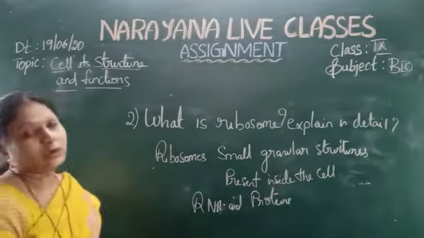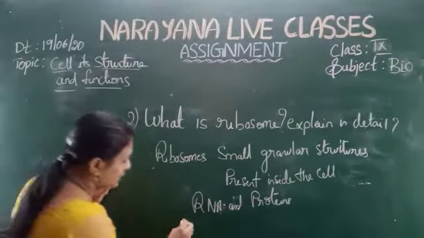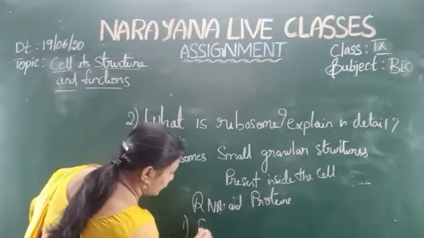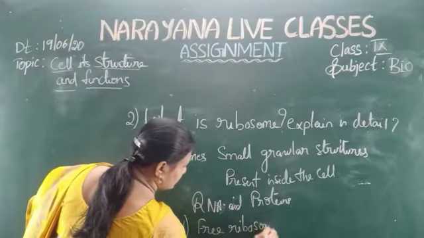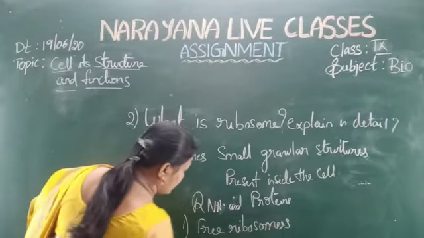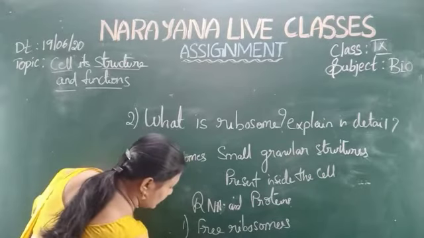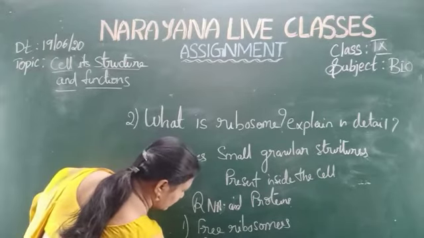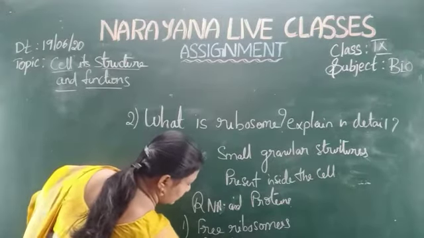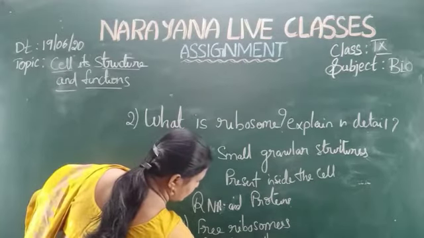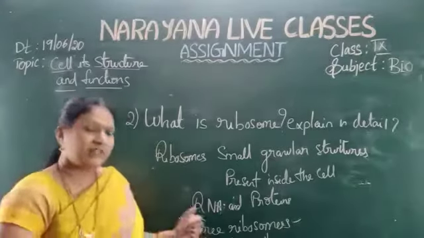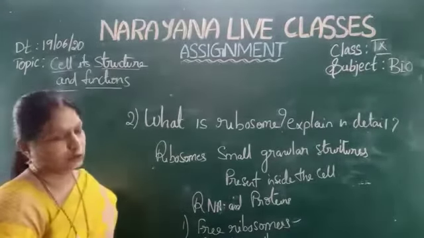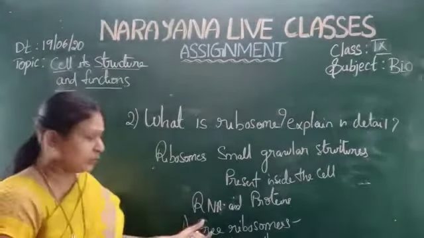We find two types of ribosomes. First one, free ribosomes. Second one, attached ribosomes.